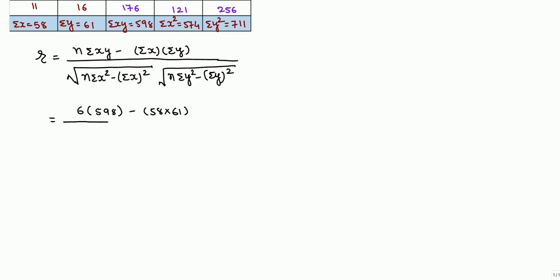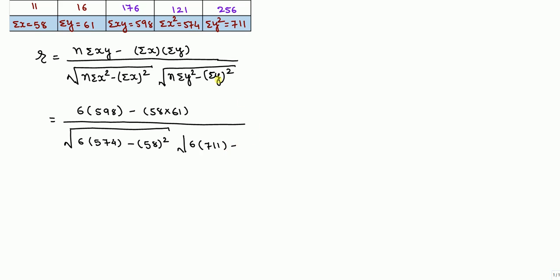Divided by square root of n equal to 6, sigma x square is 574, minus sigma x whole square, 58 whole square, multiplied by another under root: n equal to 6, sigma y square, here we find 711, minus sigma y whole square, sigma y is 61, 61 whole square. Now simplify this one.